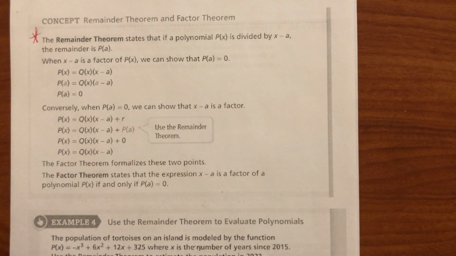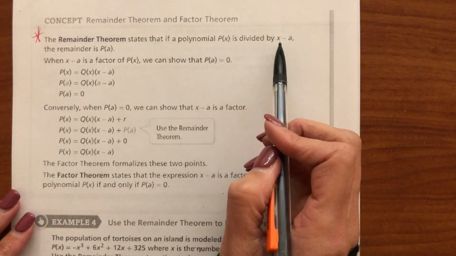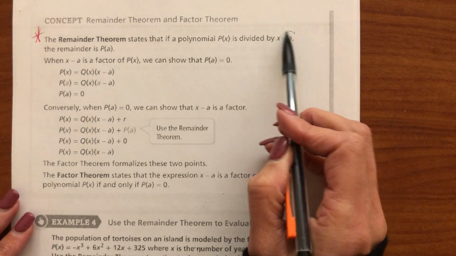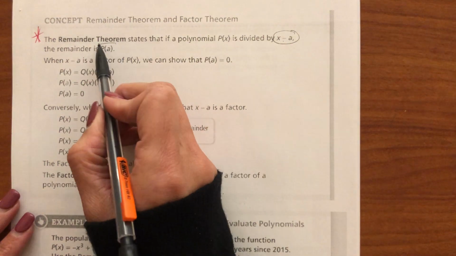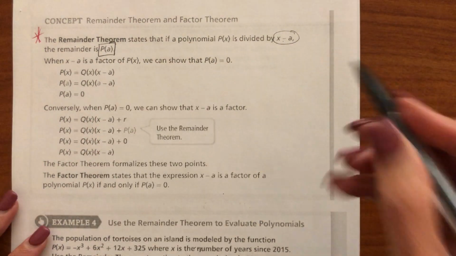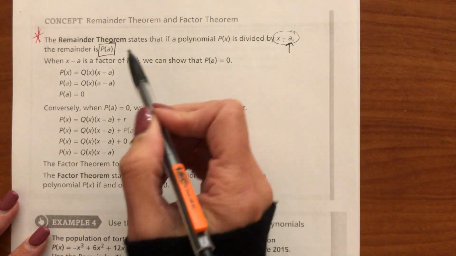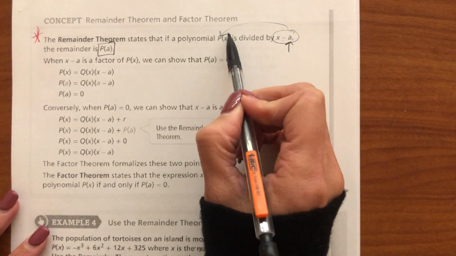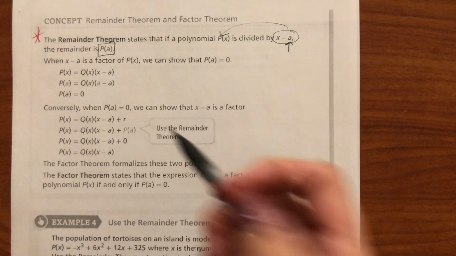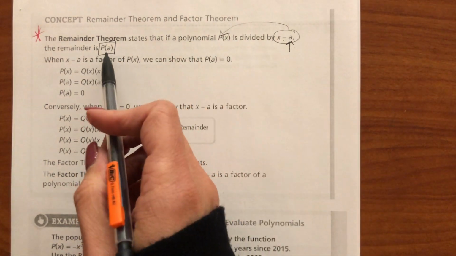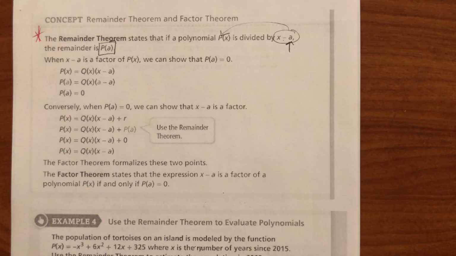So the remainder theorem states that if a polynomial is divided by the divisor here, the remainder is whatever P of A is. So you take this A term, plug it in for x into the bigger polynomial, and your remainder is the same thing as if you evaluate by plugging in that number for x.